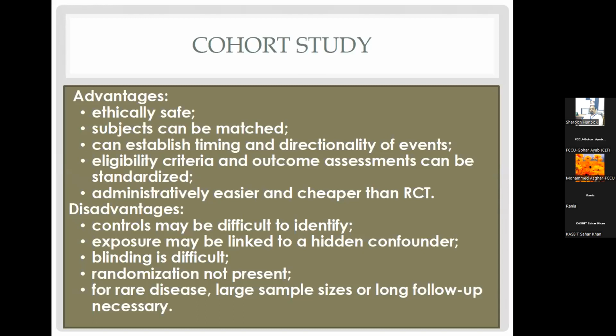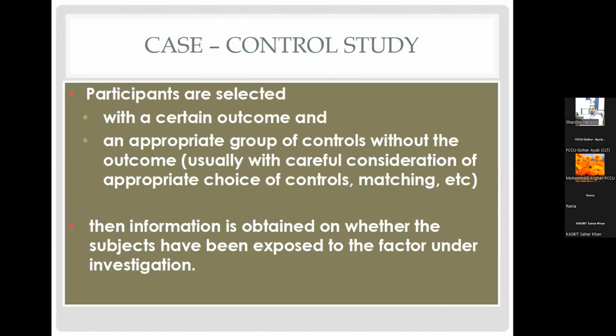Or the respondent doesn't know if that's the only intervention, or there is some other comparative intervention out there, or sometimes people are assigned placebo there. So randomization is not present. Randomization is a very wonderful concept that gives us a lot of confidence when you carry out the statistical analysis. And for rare disease, large sample sizes or long follow-up, you can't really use them.